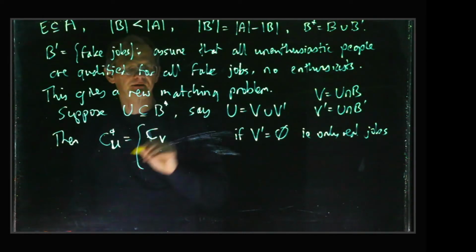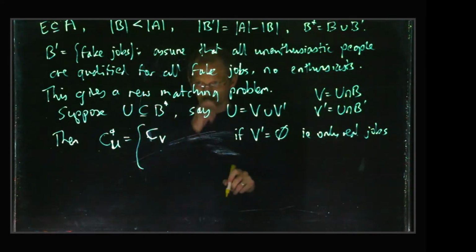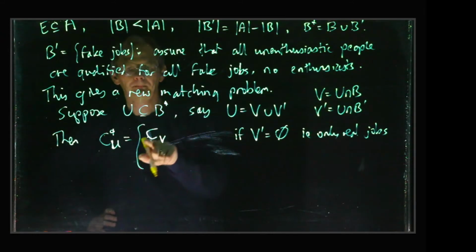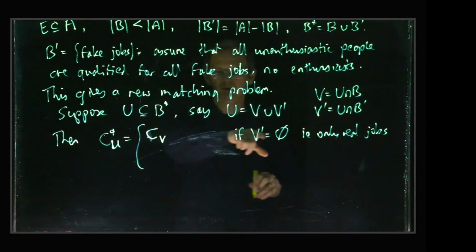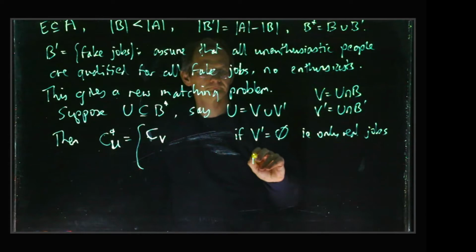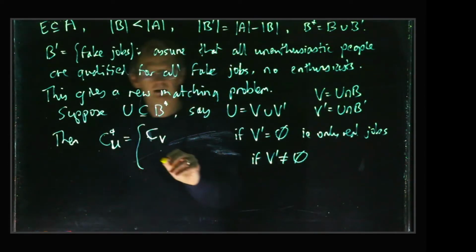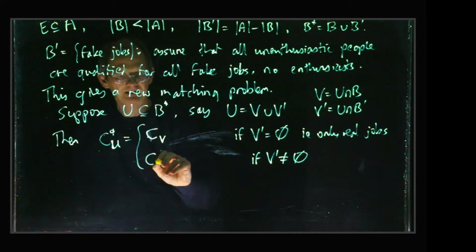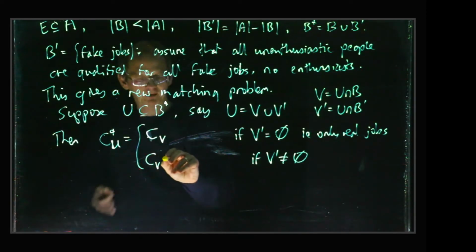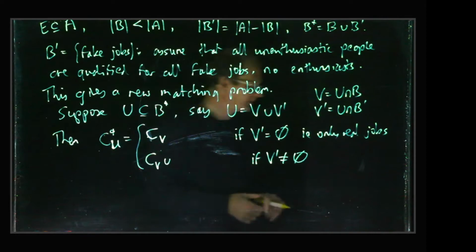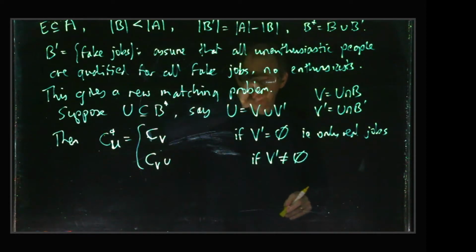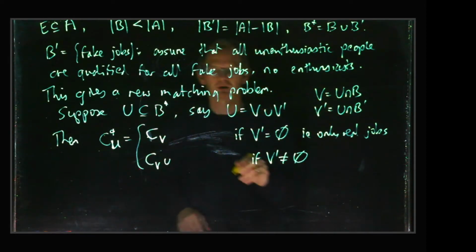It's just the candidate set for V. But what about in the case where V prime is not empty? Okay, so then here you get the candidates for the real jobs, but then also you've got at least one fake job, and you know all the unenthusiastic people are qualified for all the fake jobs.